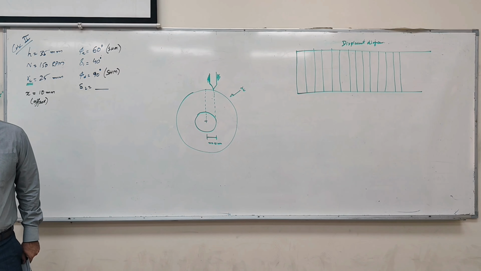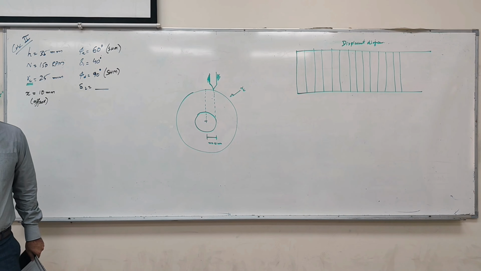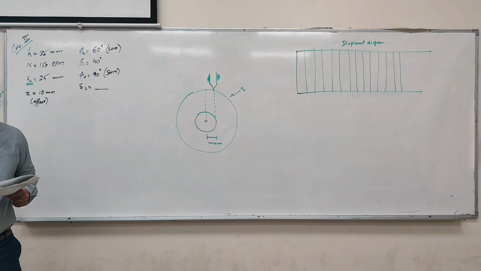So we draw a small circle with a radius of 10 millimeters, because we need this circle later on. We could just do the offset like this, but we need to have a circle later on. Just listen here, and then I'll give you time.